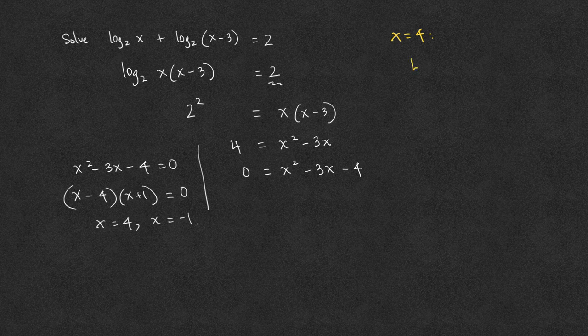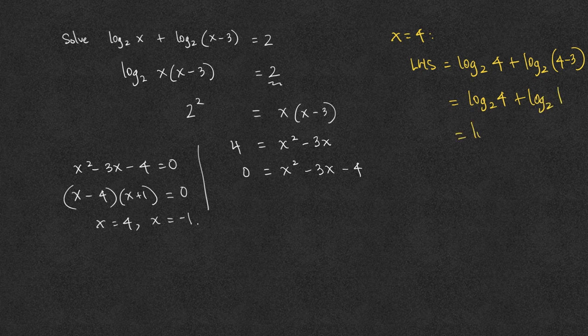The left-hand side is log base 2 of x, where x is now 4, plus log base 2 of (x minus 3), where x is now 4. This is only the left-hand side. This is log base 2 of 4 plus log base 2 of 1.